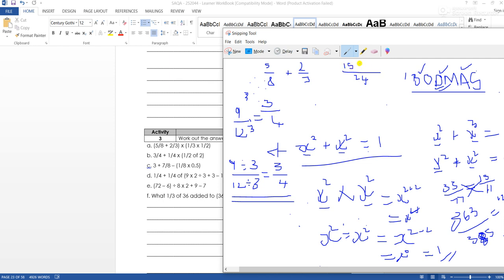Plus, 24 divided by 3, it's 8. 8 times 2 is 16. So 16 plus 15, it has to give 31. 15 plus 16 is 31. So it's going to be 31 over 24 times this.